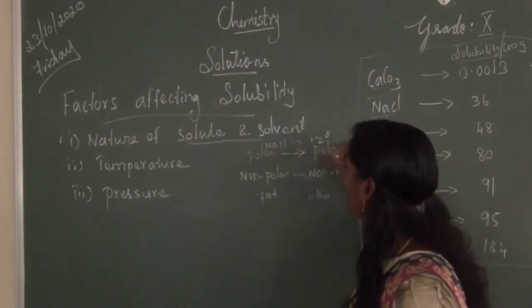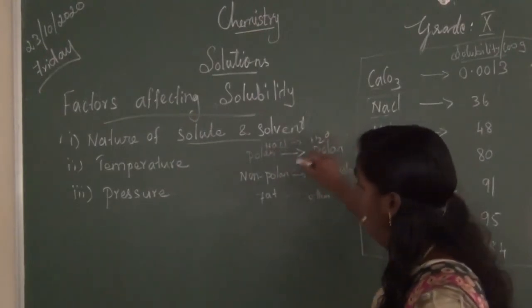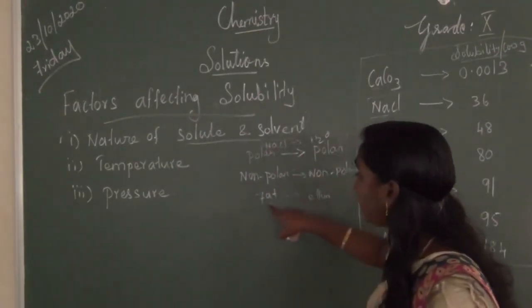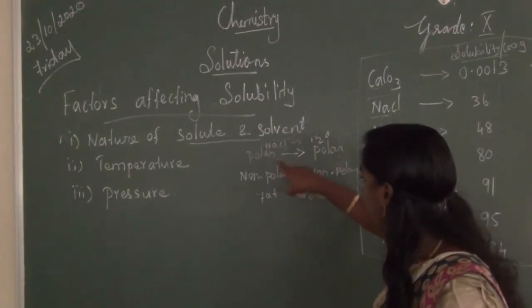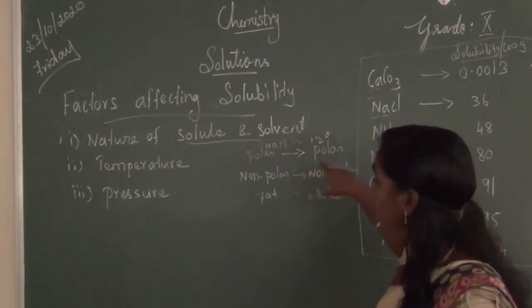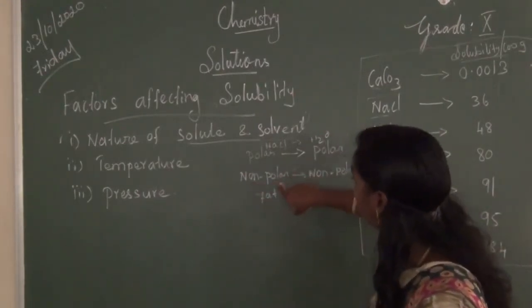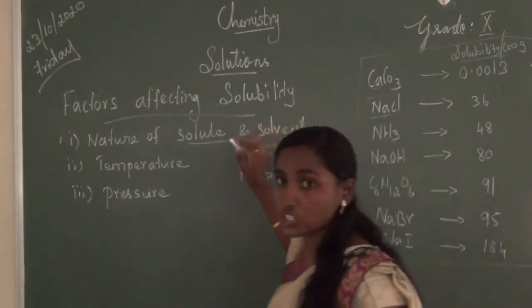The polar to polar example, sodium chloride dissolves in water. The non-polar to non-polar example, fat dissolves in ether. Polar compounds do not dissolve in non-polar solvent, and non-polar compounds do not dissolve in polar solvent. Have you understood the first one?